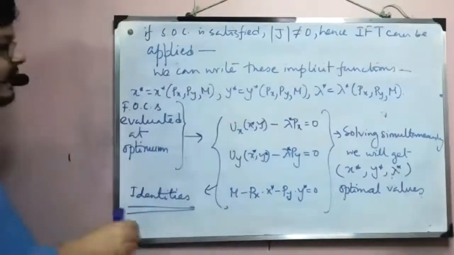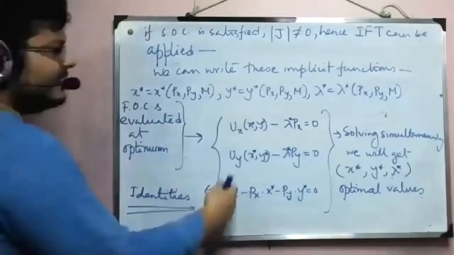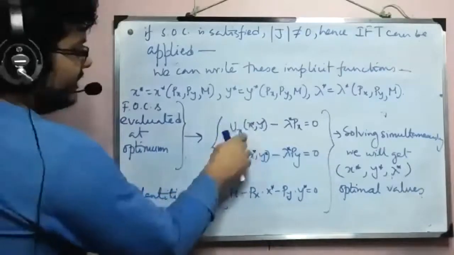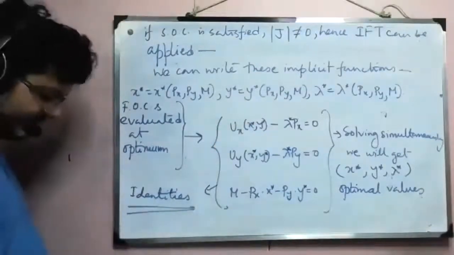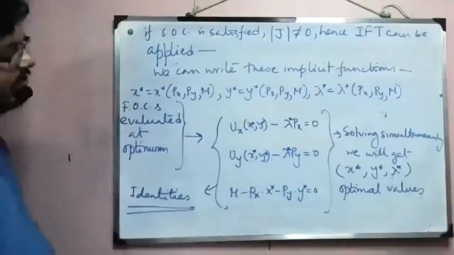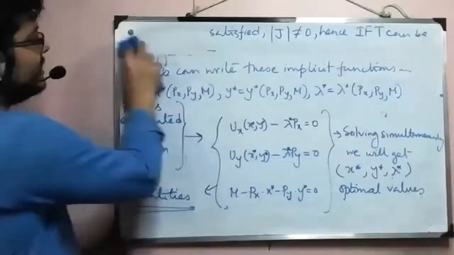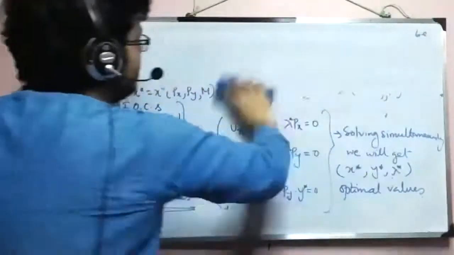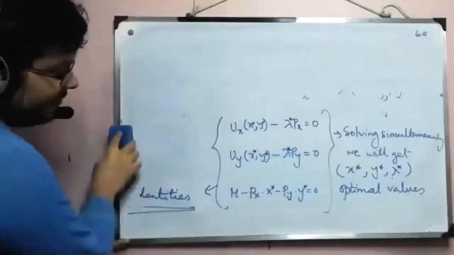But the point where they are evaluated at their solutions, they become identities, right? Okay. So written like this, x star, y star and lambda star, they are identities. Now what will we do? We will just perform total differentiation on each of these identities, and let's see what they give us.